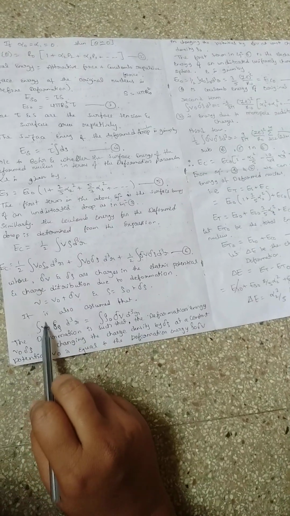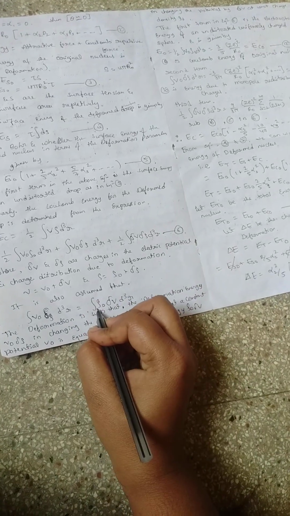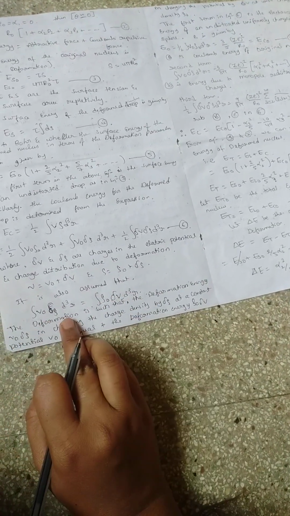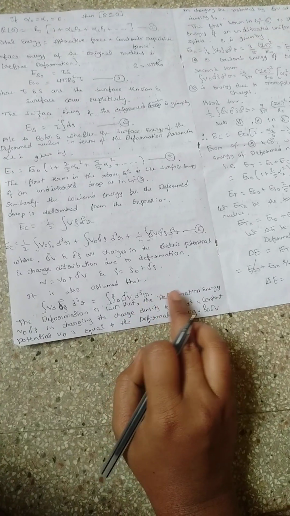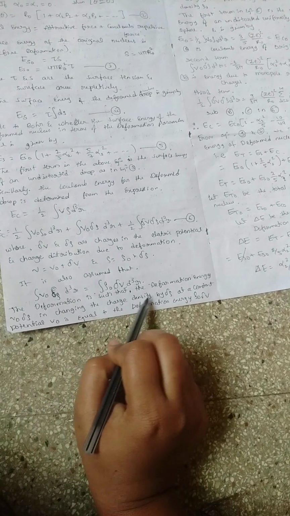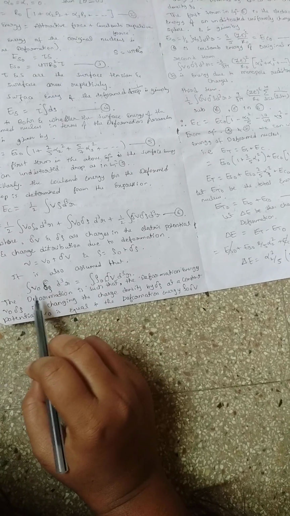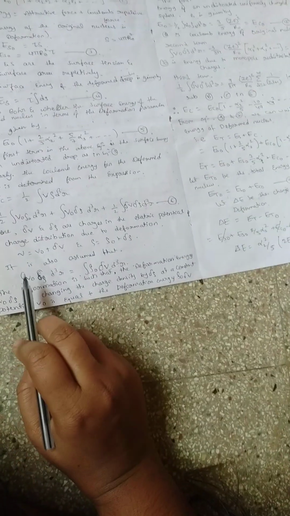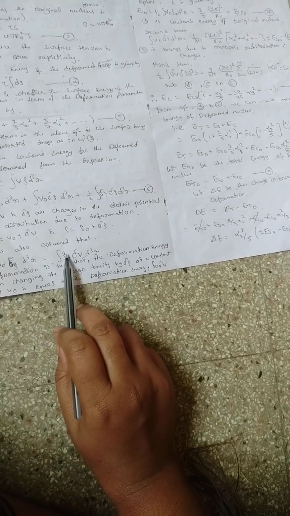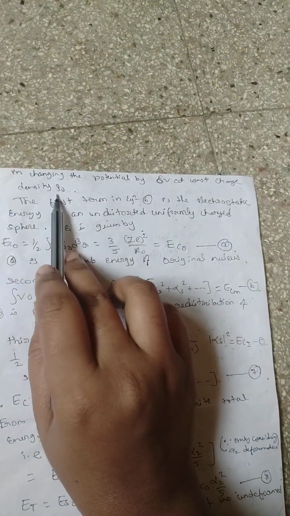It is also assumed that integration of V naught into delta rho d cube R is equal to integration of rho naught into delta V d cube R. What it means is that the deformation energy of V naught delta rho, in changing the charge density by delta rho at a constant potential V naught, is equal to the deformation energy of rho naught into delta V in changing the potential by delta V at a constant charge density rho naught.